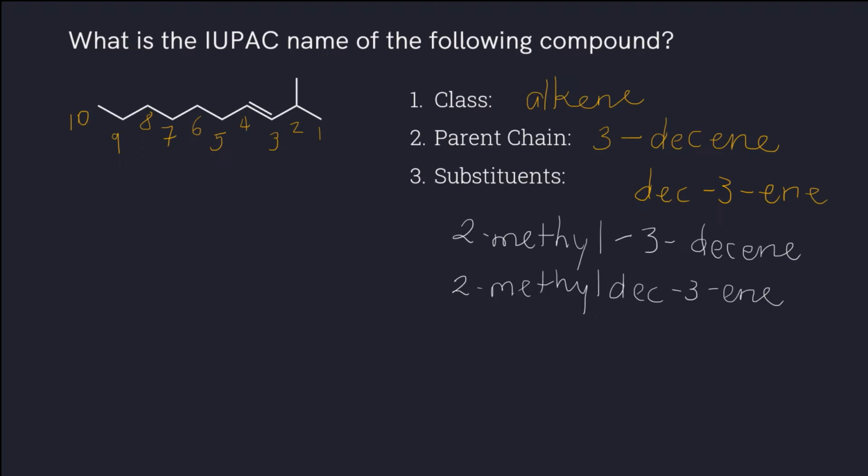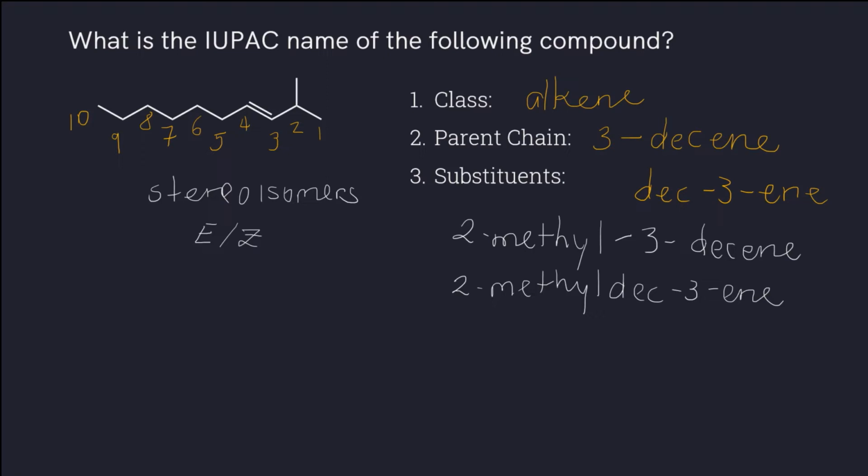Now, another feature of double bonds is that they exhibit stereoisomerism. And this is according again to the CIP rules or Cahn-Ingold-Prelog Rules. They are designated as either E or Z. Now, how do we know if this double bond is an E or Z configuration?